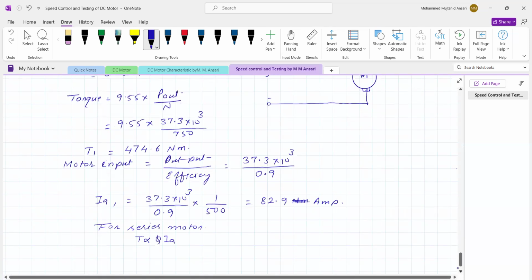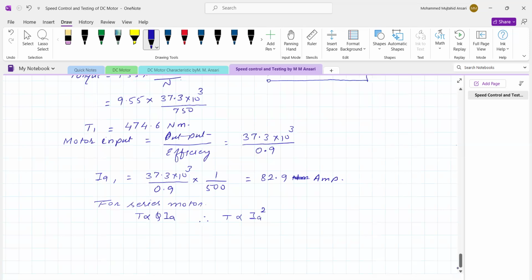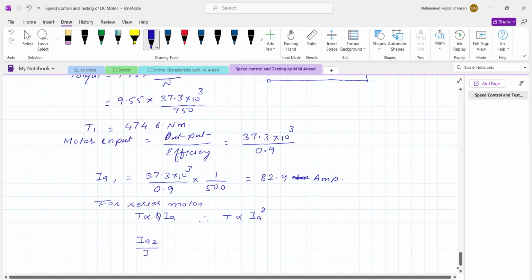It is connected in series. So torque is directly proportional to the square of current. Now it is a square of current, so we can write IA2 upon IA1 equal to the square root of TA2 upon TA1, and this is the square relation.